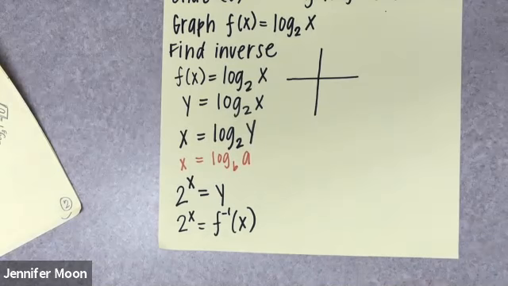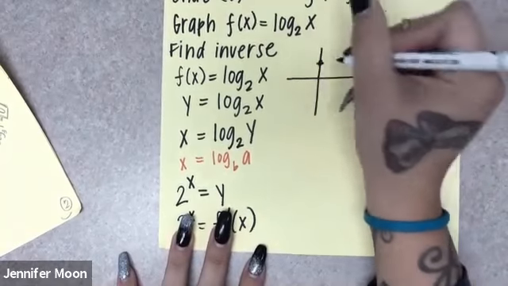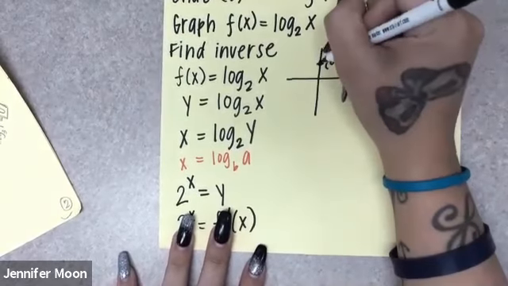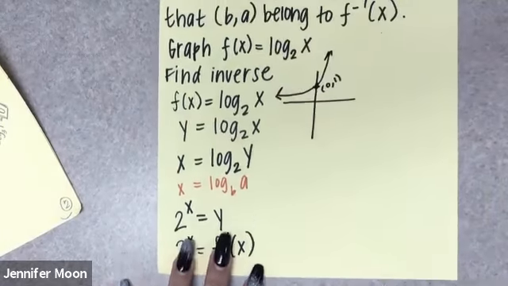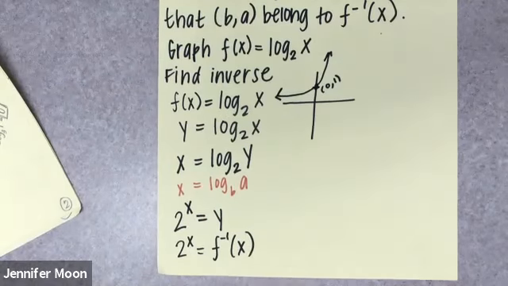So that just tells me I can't touch 0, and that it crossed at 0, 1, right? And it just did this. I don't really have to plot points, I just need to know for a fact that this exponential function is going to do this.